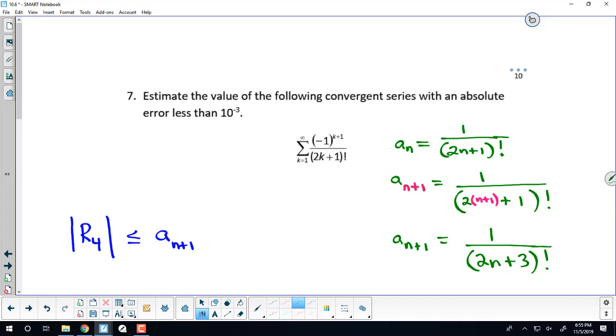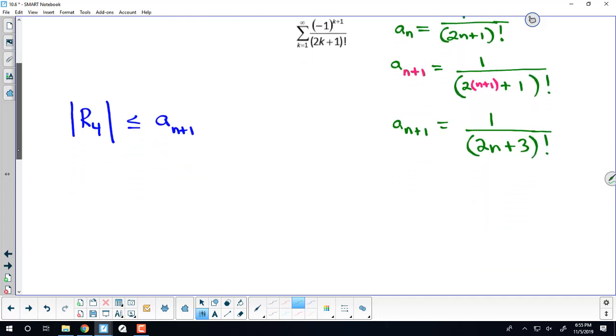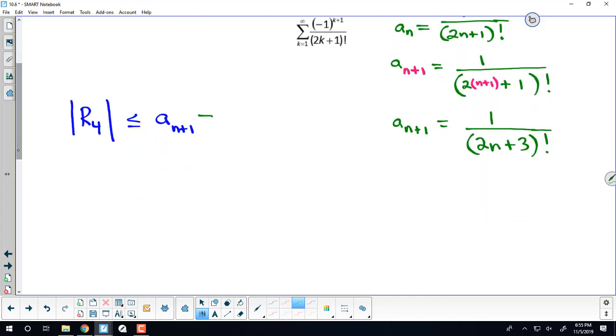That's the first neglected term if we stop at n, and that's as large as the remainder or the error can be. So again, we know exactly what a sub n plus 1 is: 1 over 2n plus 3 factorial. And we want that error to be less than 10 to the negative 3, or 1 over 10 cubed.